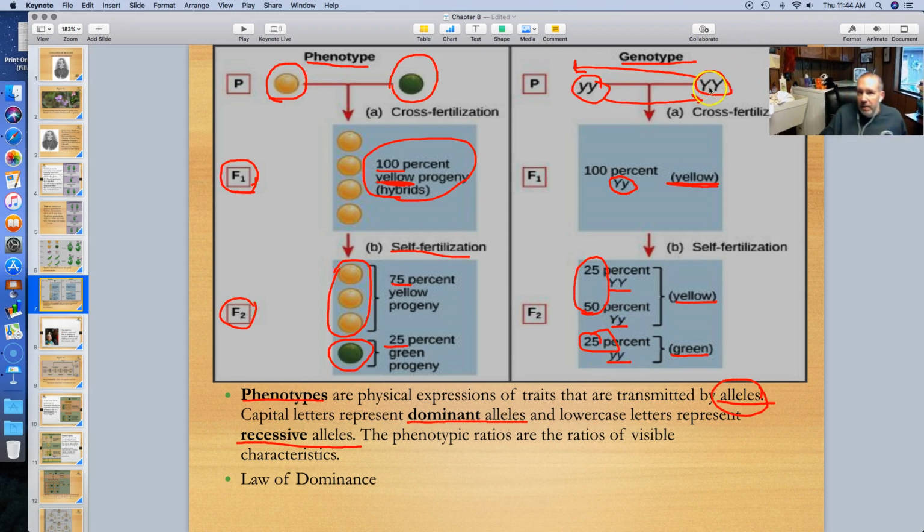When we combine uppercase dominant alleles with lowercase recessive alleles, we can actually get three different combinations of genotypes. And basically this whole process is the law of dominance. Being able to do test crosses which result in an F1 generation that tells us what the dominant characteristic is.